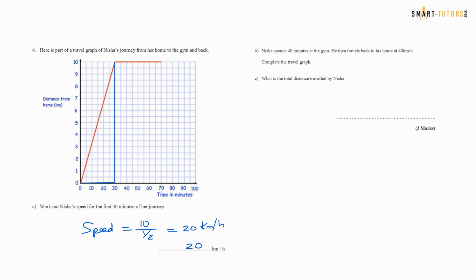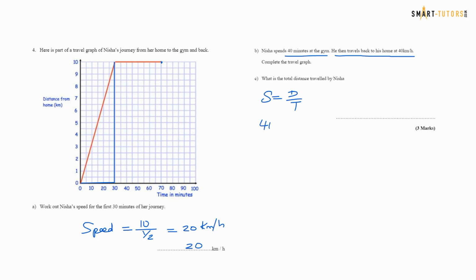B part, Nisha spends 40 minutes at gym. He then travels back to his home at 40 kilometer per hour. So Nisha spent 40 minutes means, 30 plus 40 is 70, here. And he then travels back to his home at 40 kilometer per hour. So speed equals distance over time.